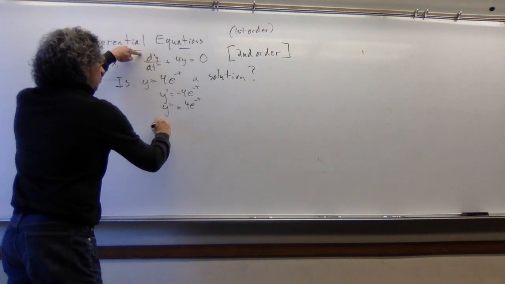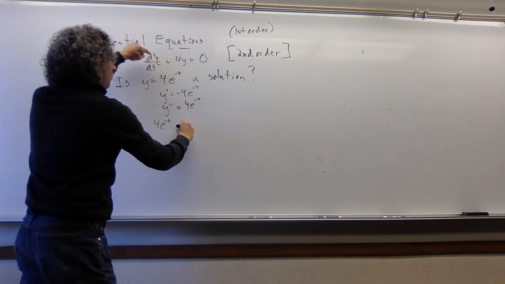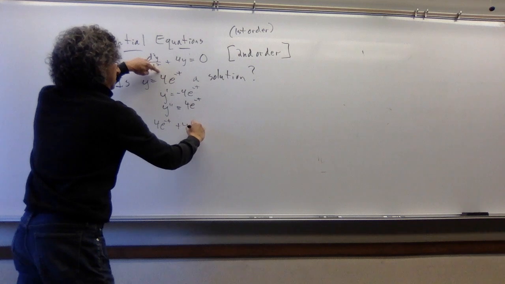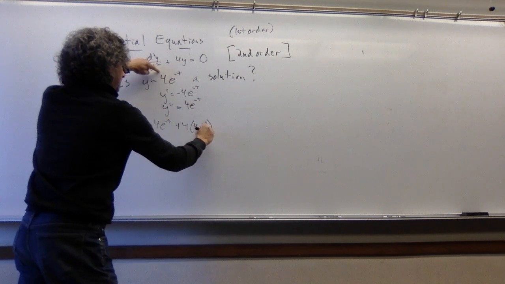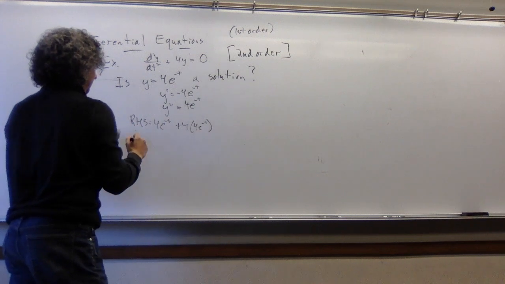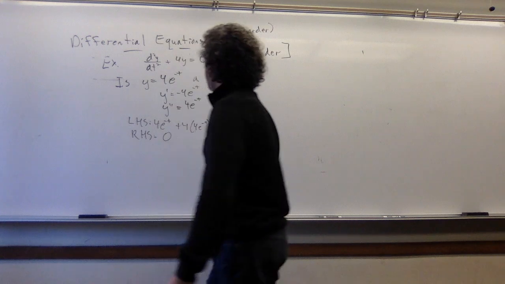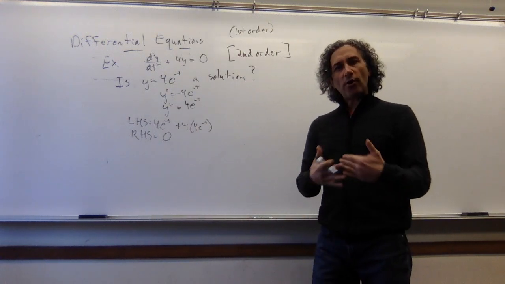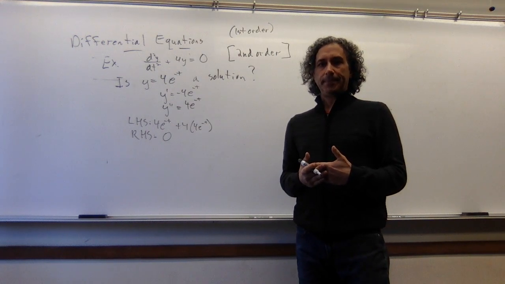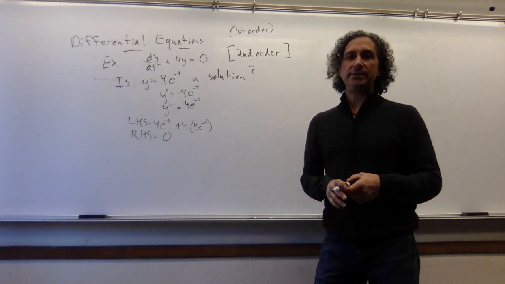And let's see, 4e to the minus t, that's this, plus 4 times y, that's the left-hand side. And the right-hand side is 0. So are those the same? The answer is no, so we would say that that is not a solution.